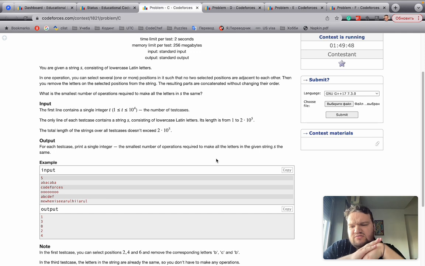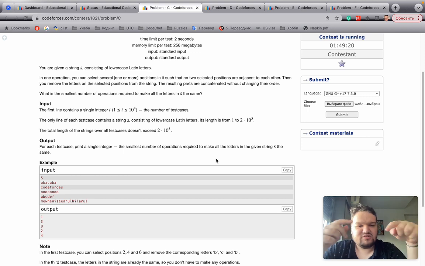And the answer for a segment should be k, where 2 to the power of k is the smallest power of 2 that is strictly greater than the length of the substring. Because on every operation we can remove every other symbol, starting from the first one, so it's rounded down.